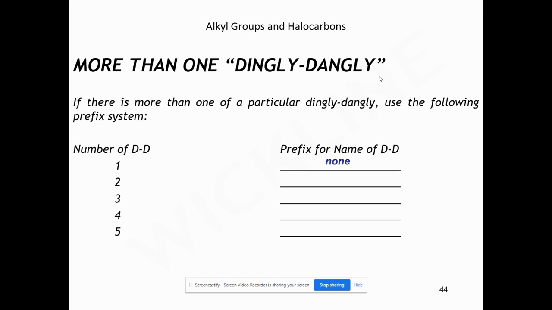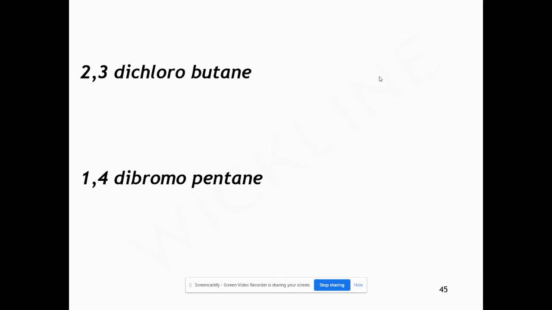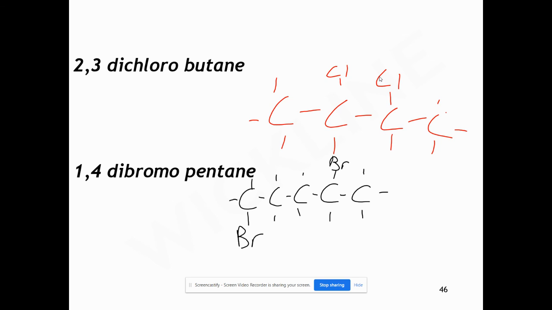One or more dingle dangles or dingly danglies, use the following prefix. So if you have 1, there's none, 2 di, 3 tri, 4 tetra, and 5 penta. So for example here, dichloro, draw your butane, and then 2, 3, right? So it doesn't matter which one is 2, 1, 2, 1, 2, it doesn't matter. 1, 4, so 1 is pretty specific, so then this one has to be 4.